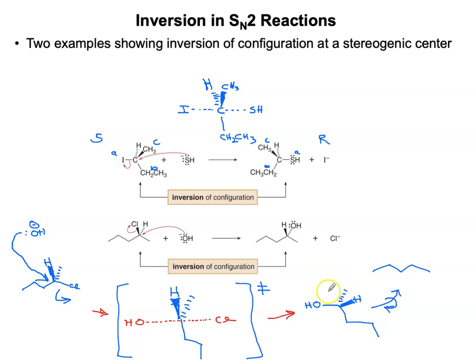The methyl group has rotated down into this direction, which means that the OH has rotated out toward us. If the OH is rotated out toward us, now the hydrogen is going back away from us. Well, now you might look at this and say, oh, these are enantiomers, but they're not, because if you look closely, this OH is going away from you when it is just one carbon from the end, and this one's coming out toward you.